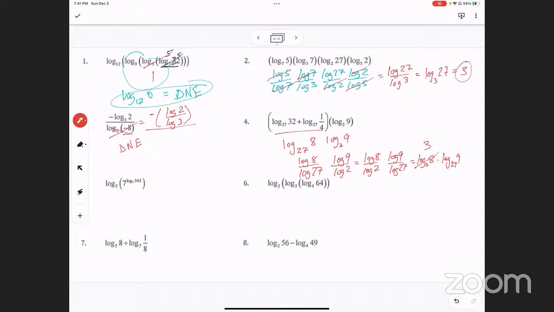You know that, right? And log base 27 of 9: 27 to what power equals 9? So this is 3 cubed. So 3 cubed times what equals 3 squared? So that means 3x equals 2. That means x equals 2/3. So 2/3 is your answer here. And when I multiply those together, I just get 2. So 2 is your answer.